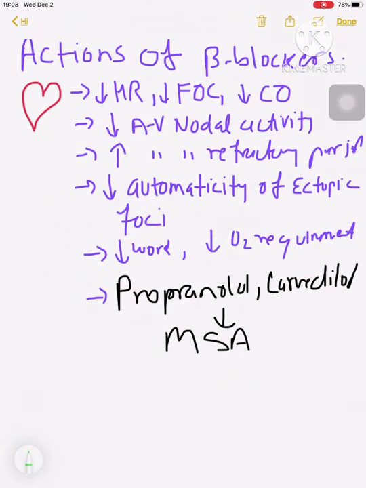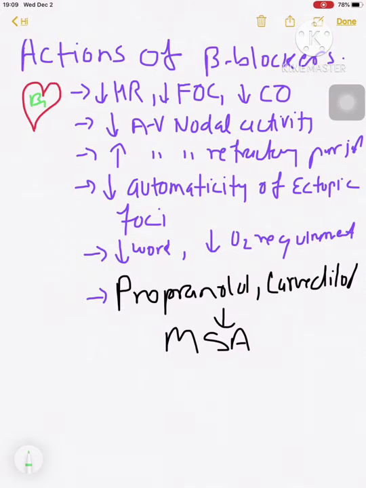Now we'll discuss the actions of these beta blockers on various organs, starting with the heart. The heart has beta 1 type of receptor, and beta blockers act on various parts of the heart. If they act on the SA node, they decrease the heart rate, that is negative chronotropic action.